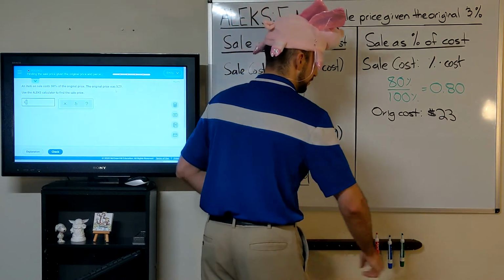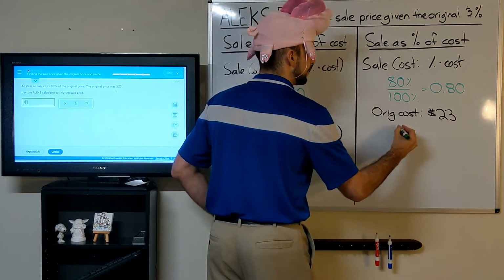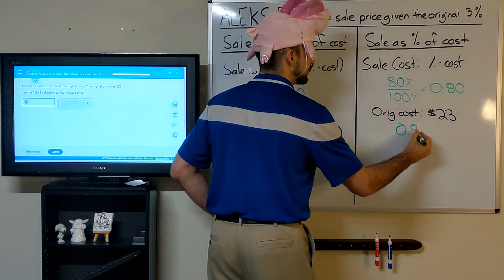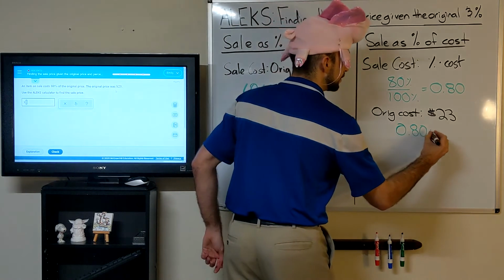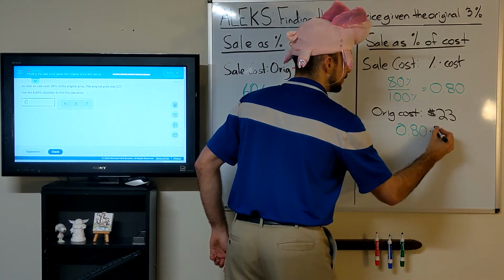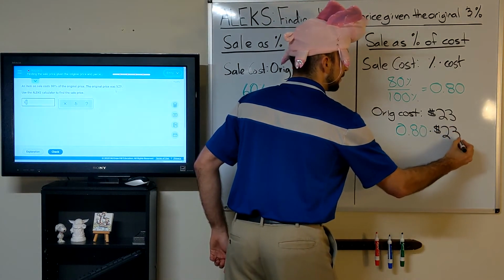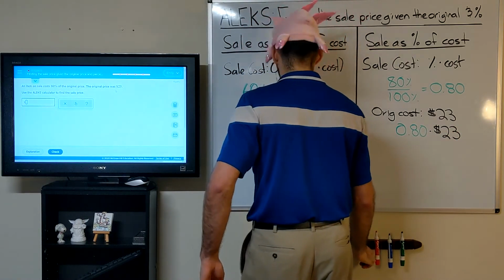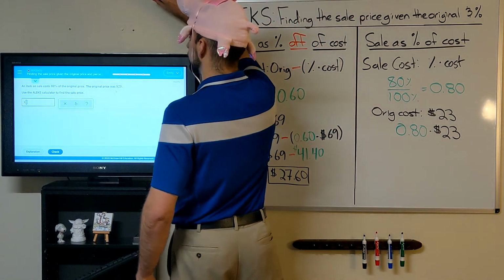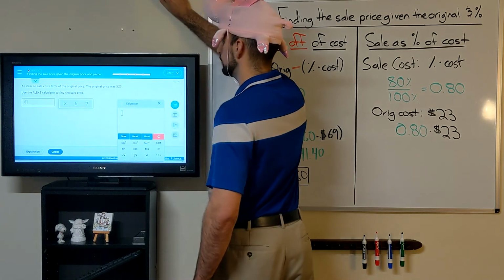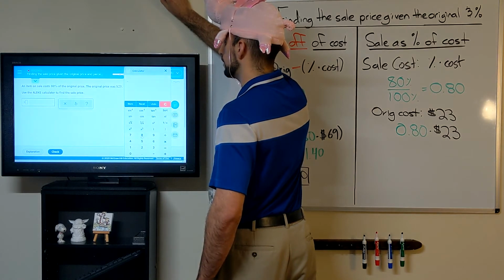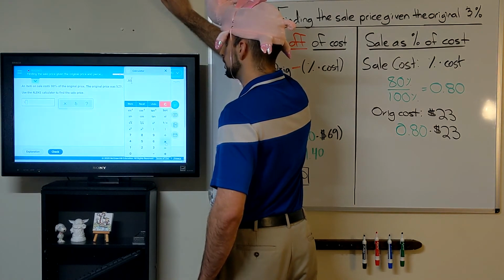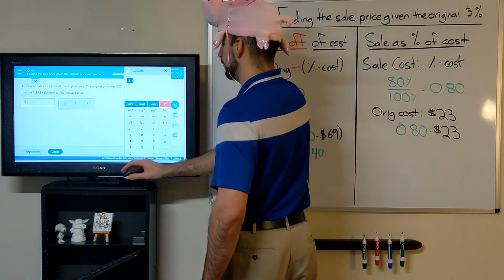So our percentage, 0.8, times our original cost, we'll put that into the ALEKS calculator. So as a decimal, 80% is 0.8 times our original cost, 23, is 18.4.